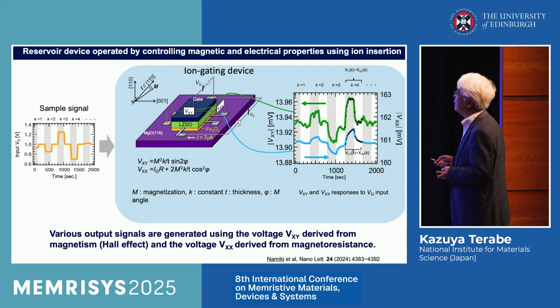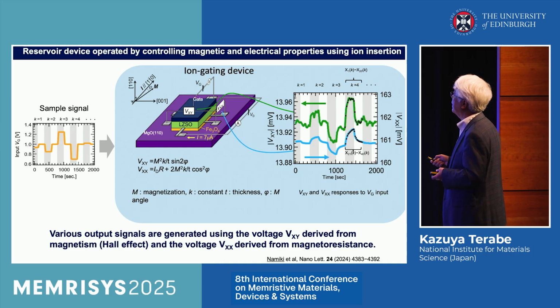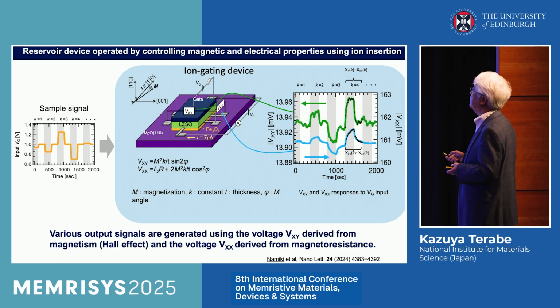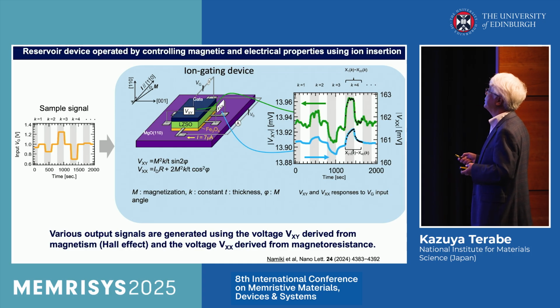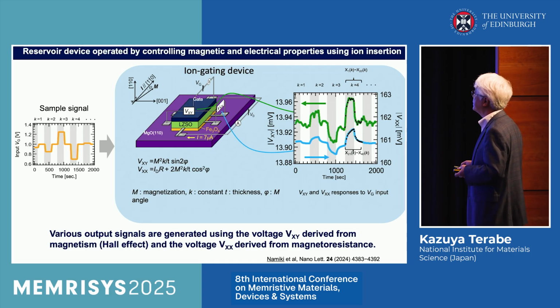This is a sample signal like this, and this is a reservoir device, lithium conductor, and this is magnetite. This is the output electrode. Between this electrode, voltage is obtained, which is derived from the magnetic resistance.